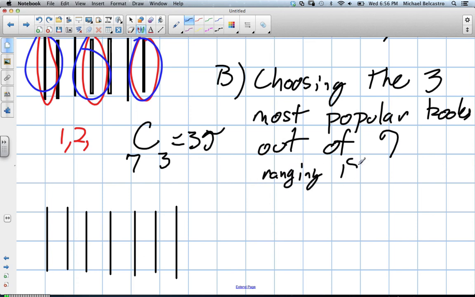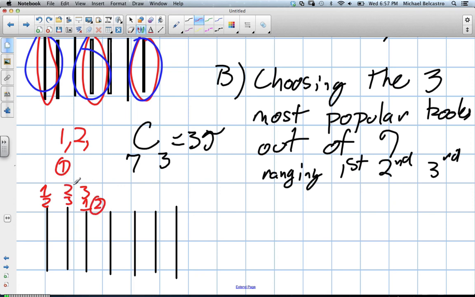Ranging first, second, and third. Okay. In other words, implying that maybe the first book in this series is the most popular, then the second book is, and then the third book is. Well, that's one way of doing it. But what if the first book was the second most popular, this was the third, and this was the first? I'm still using those same 3 books, but this is a different way of setting it up, right? So that becomes a second combination.